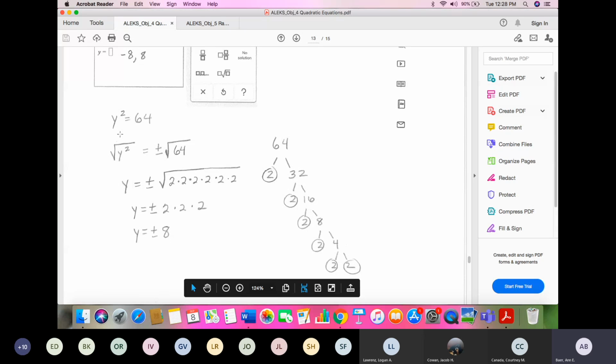So what do you do? You want to undo squaring. What's the opposite of squaring? Square rooting. But you want to square root here and here, but you want to make sure you put the plus or minus with one side. You don't want to put it with this side with y because you're solving for y. You want to put it with the other side. It'll save you a step.